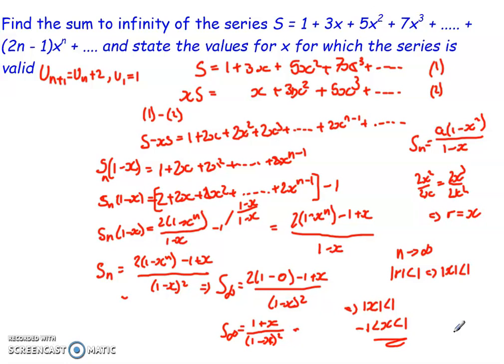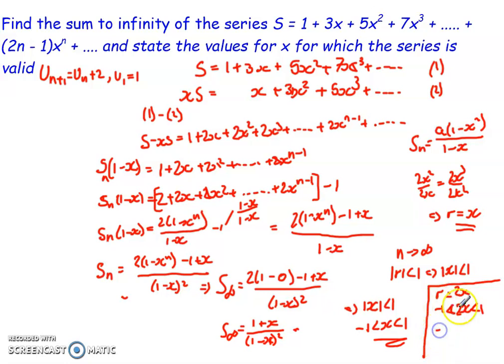Now, one thing I want you to know is we've been quite lucky here in that our common ratio has been x. A lot of times you'll find the common ratio won't be. So for example, if I had a common ratio r equal to 2x, I'm going to block this off here just so we don't confuse ourselves. What I would know then is that negative 1 has to be less than 2x, which has to be less than 1 for the example at work.